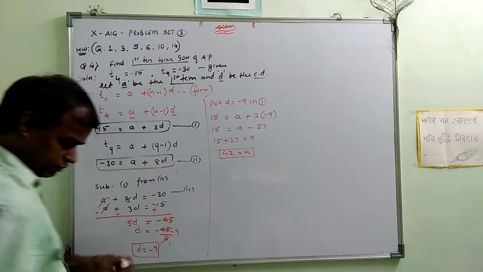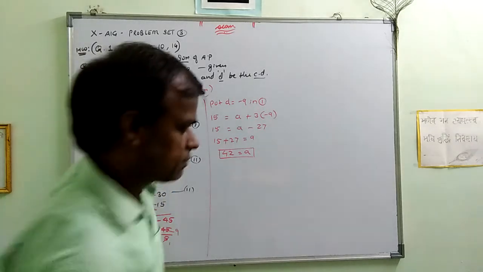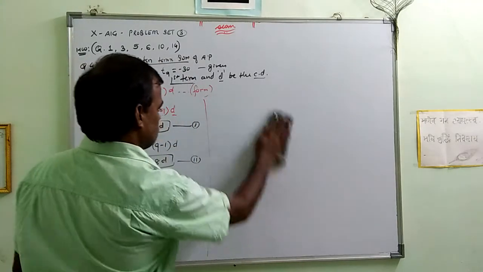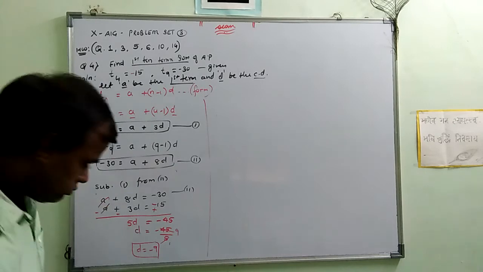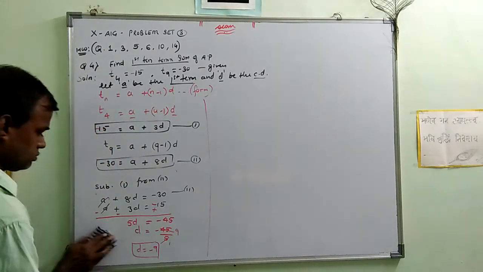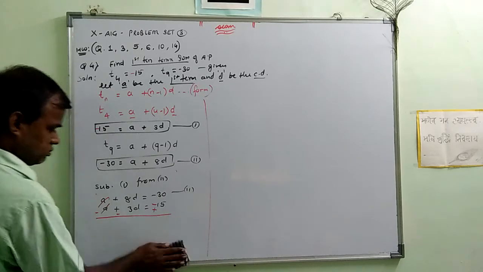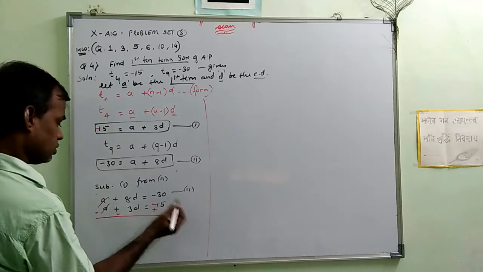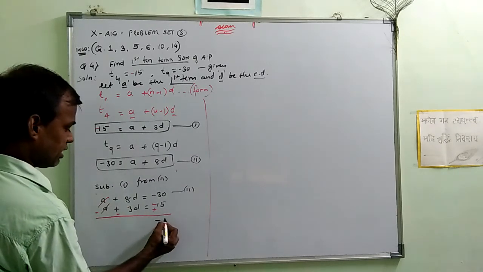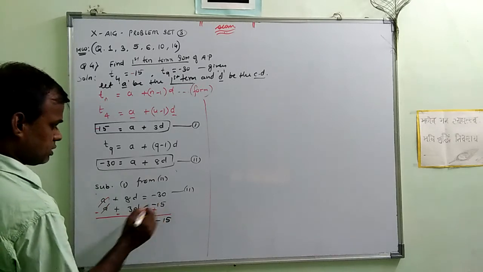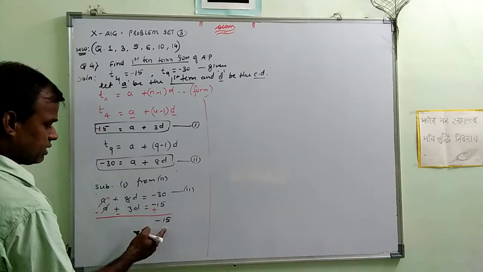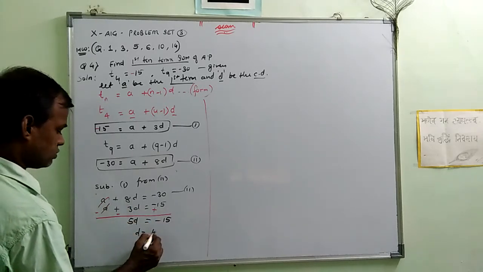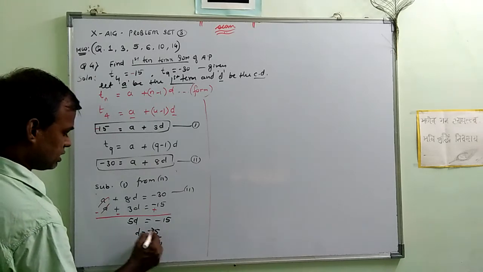So from here we'll have to reach it. So it will come minus 15. Minus 30 plus 15 becomes minus 15. 5d will get cancelled. D equals to 15 upon 5, which is minus 3.